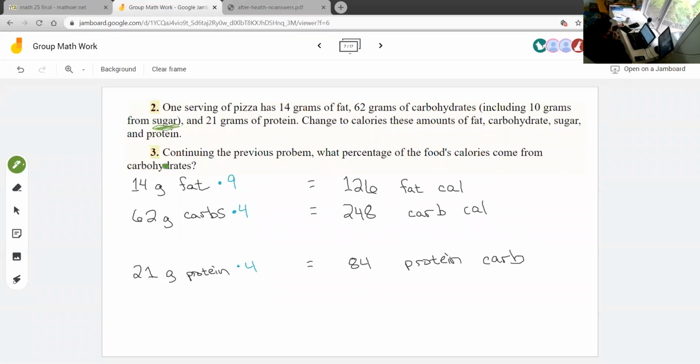For problem 3, we said, continuing, what percentage of the total calories come from carbs? Let's do that in red. The percent of something is going to be the part divided by the whole.